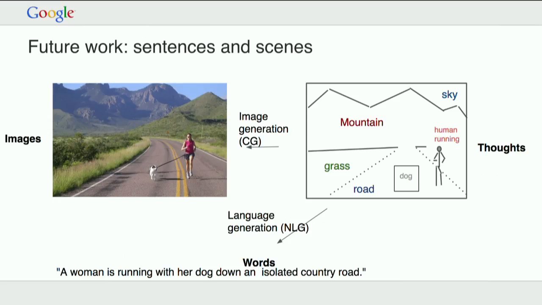So just to finish, I started with this slide, and I didn't really deliver on it because we didn't really model scenes. We just modeled image patches. And we didn't really model sentences, we just modeled bit vectors. So there's clearly more work to do here. Our representation of thoughts was just a vector in Rn, which is not a very interesting representation of the world.